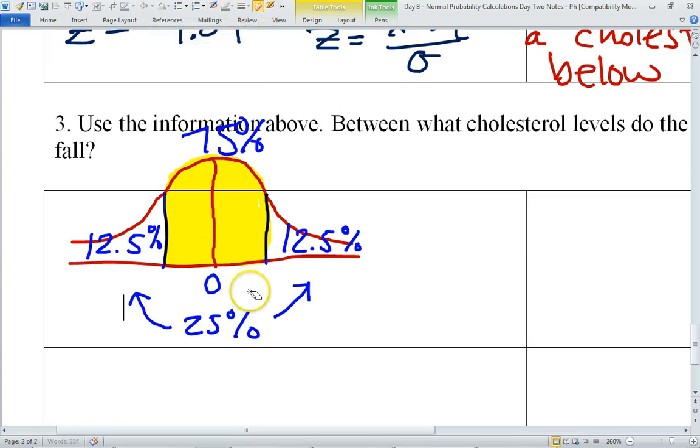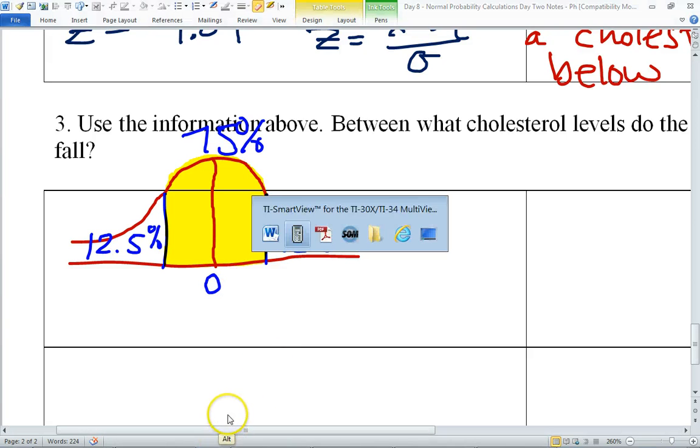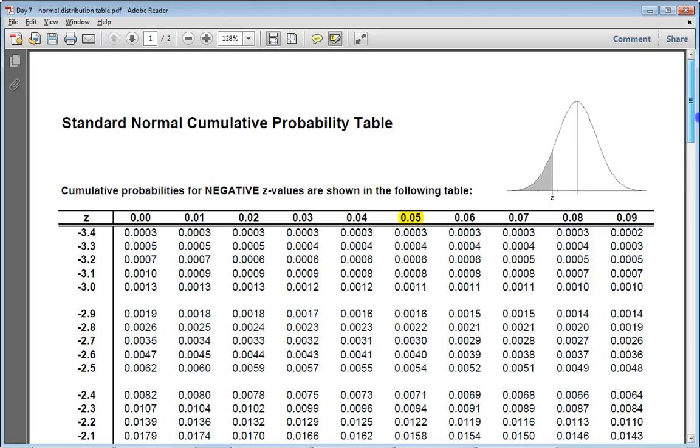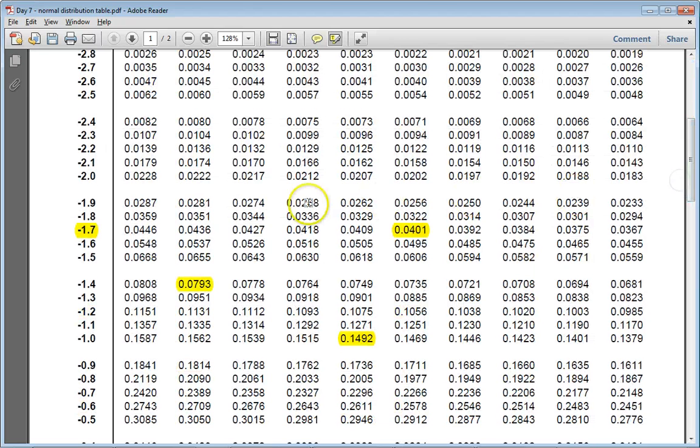Now, if I want to translate and find z-scores, I need to take these percentages in this chart somehow and find numbers off of my z-score table. Now, I ask you again, these numbers on the table, are these values percentages to the left of numbers, or are they values to the right of numbers?